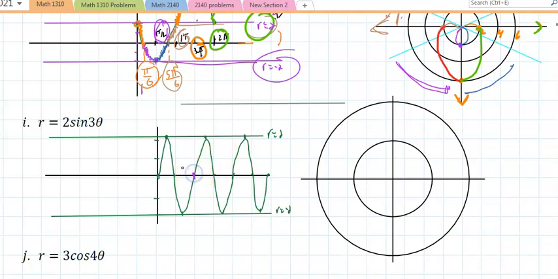So 1 full cycle is 2 pi over 3. This is half of that, that's pi over 3.